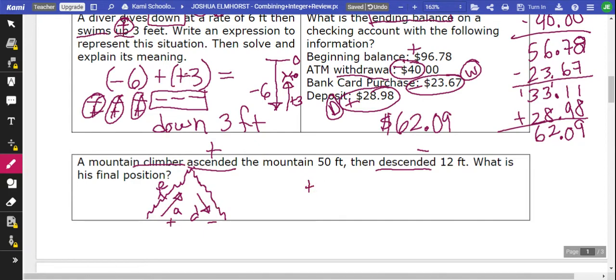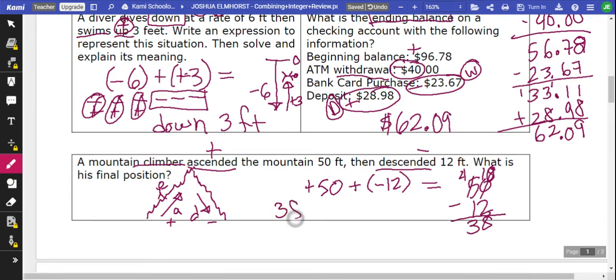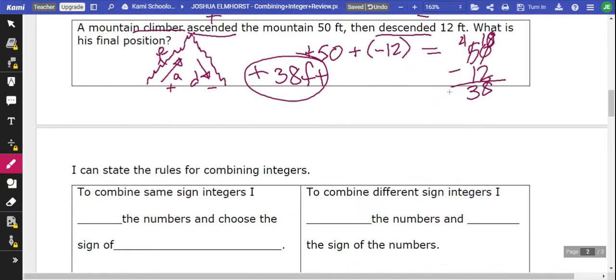So we had plus 50 feet going up, and then 12 feet going down. So we had 50 feet, and then we're going to take away the 12. We're going to end up with 38 feet. And he's still above ground. It's still positive. He went up more feet than he came back down.